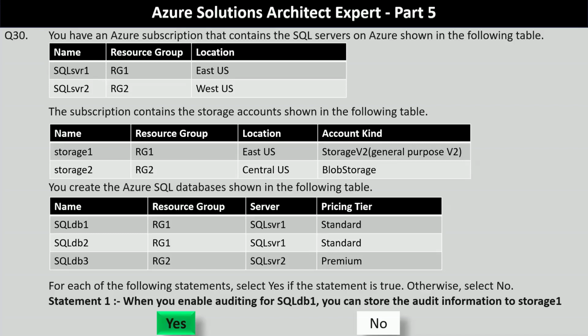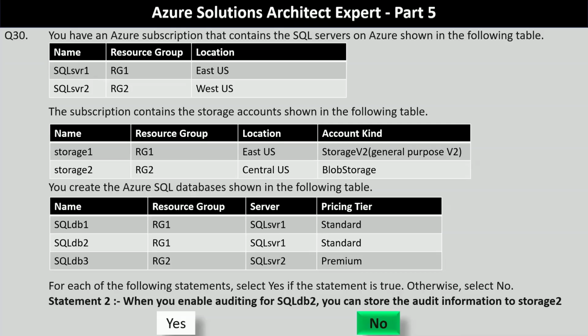This statement is correct, folks. You will be able to store audit information for SQL DB1 in storage 1. We will shortly head to Azure portal to do a practical around this to understand the factors involved. But first, let's look at other statements of this question. Now, the next statement is when you enable auditing for SQL DB2, you can store the audit information to storage 2.